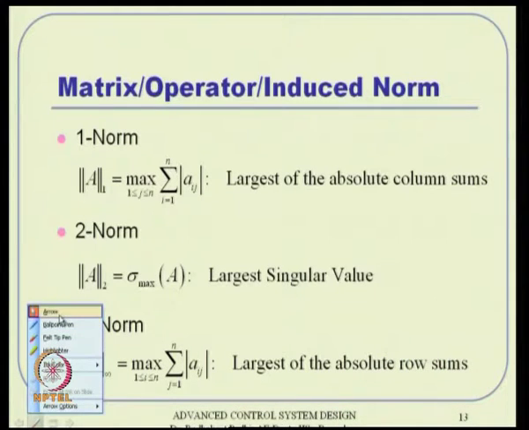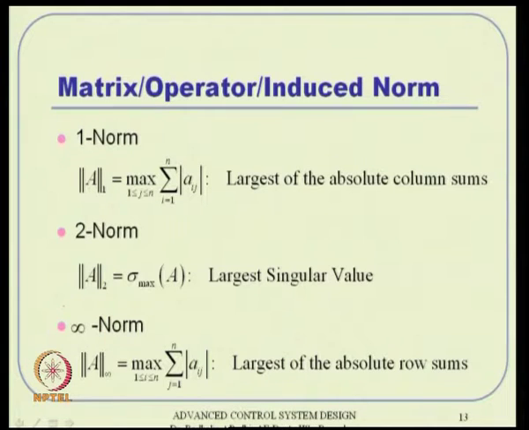So, what do you mean by that? Alright, let us say there is a matrix here, a matrix A, with numbers spread out everywhere. What do I do? I take absolute values of all the terms, whatever values are there.